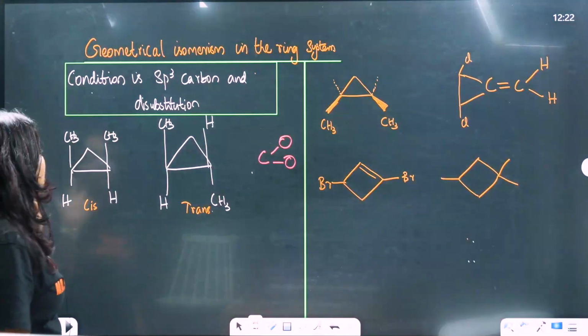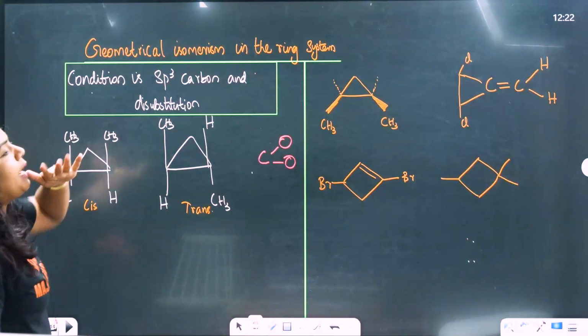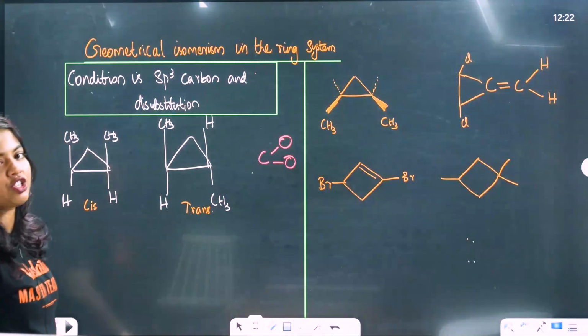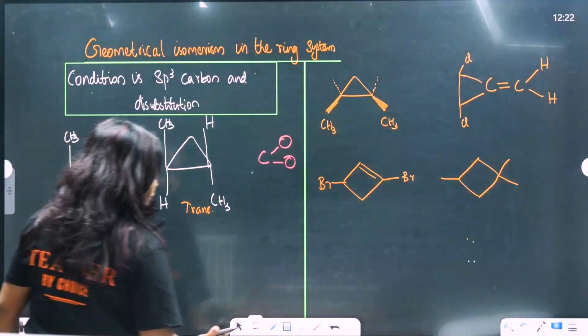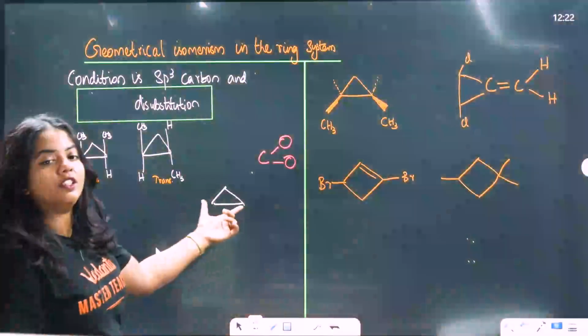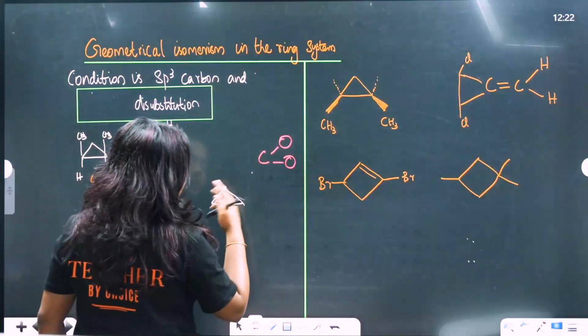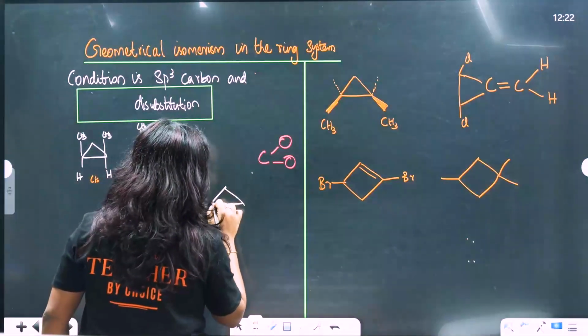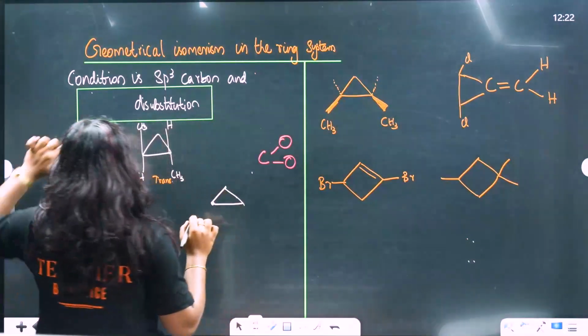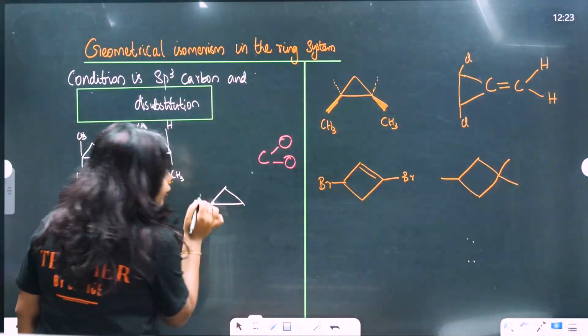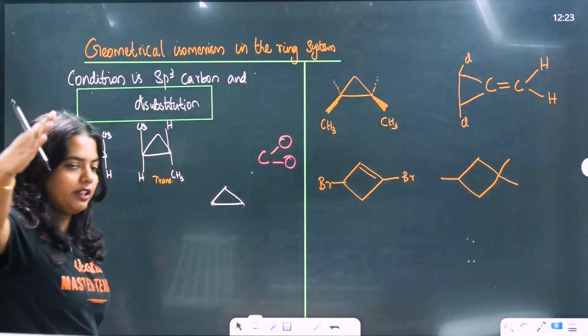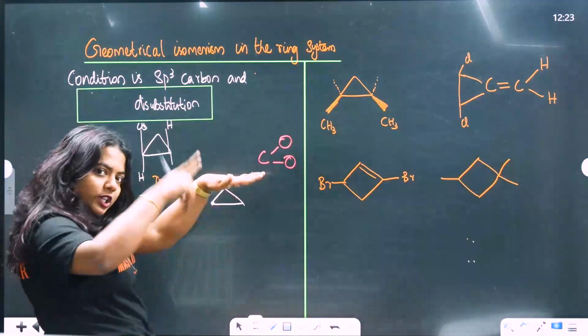Okay, while you are drawing it in the plane, how to draw wedge and dash, first solli kodukka porom. So idhu namakku oru cyclic propane structure. Now this carbon do have CH3 and H. So idhula irukra oru bond it's towards you guys. Okay, idhu ippadi irukra unga side la varudhu.